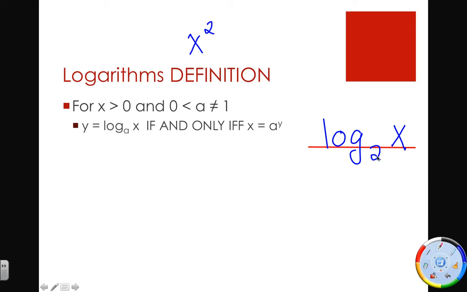Here I'm saying the 2 is below the line. It's a subscript for log, and the x is not a part of the 2. It's actually log base 2 of something, and in this case, it's of x. So this 2 and this x don't have anything to do with each other. This is the log base 2. All right, just as we had 2 to the power of x, right? This x is on the exponent of the 2.